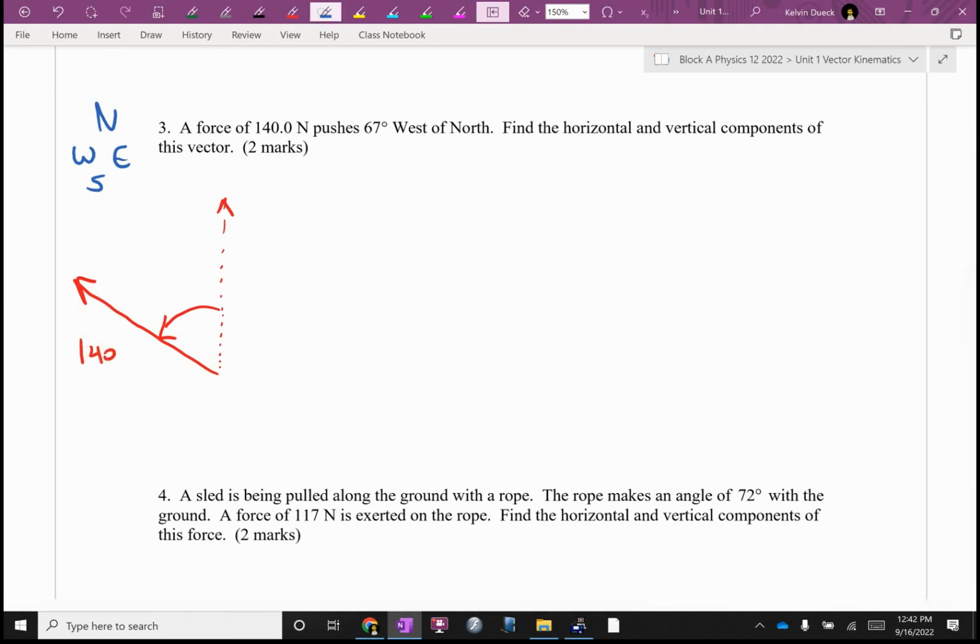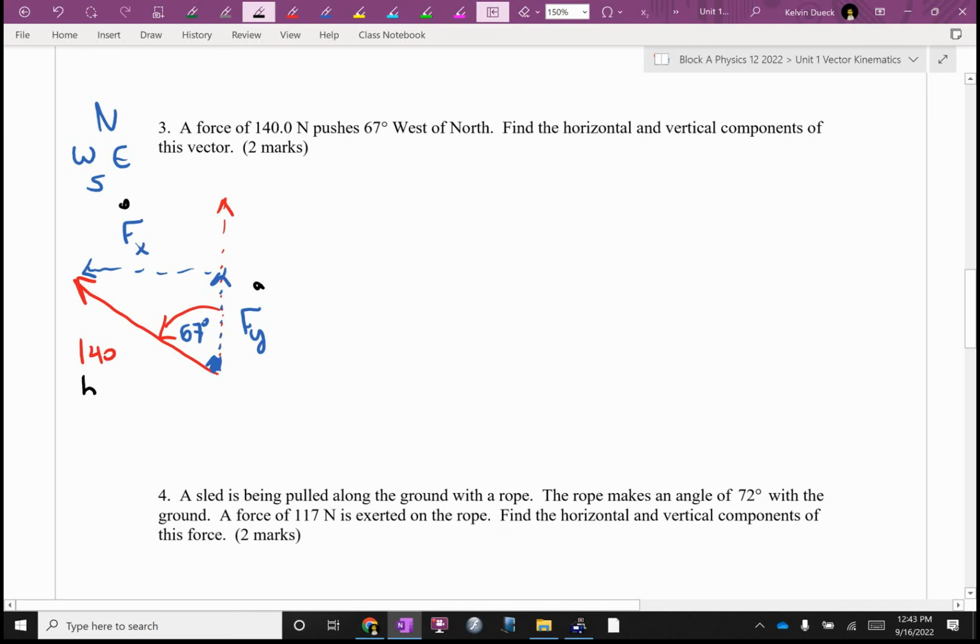If I break this into components, this is going to be Fx, horizontal. This is going to be Fy, vertical. And that's 67 degrees. Opposite, hypotenuse, adjacent.